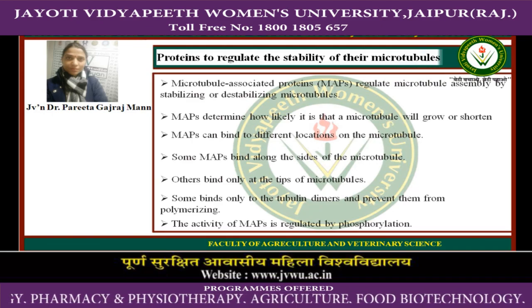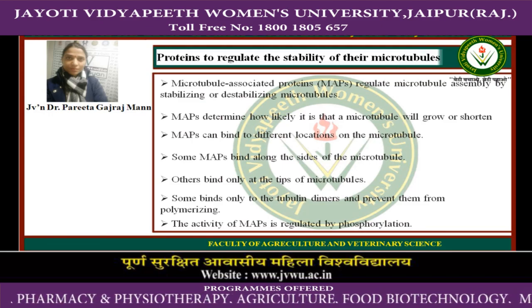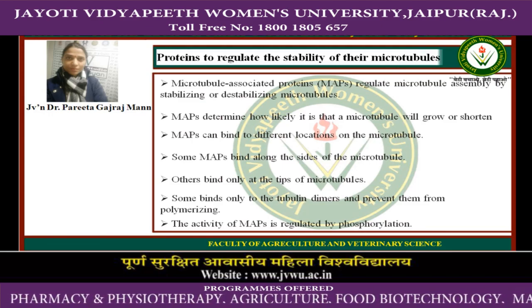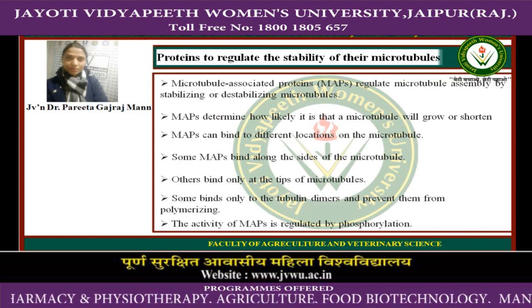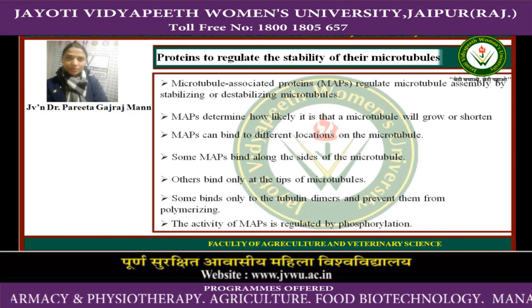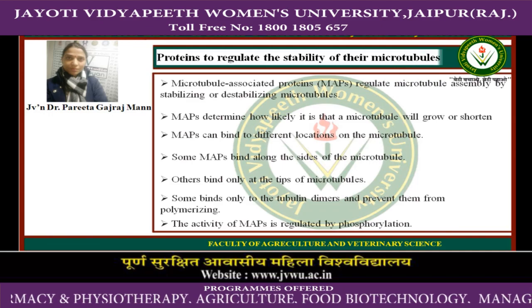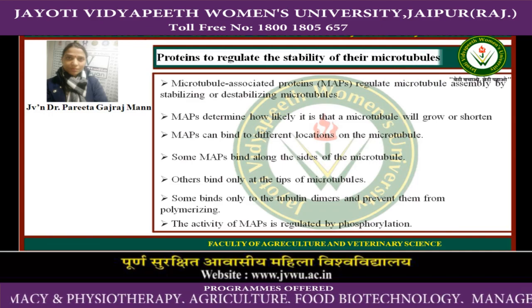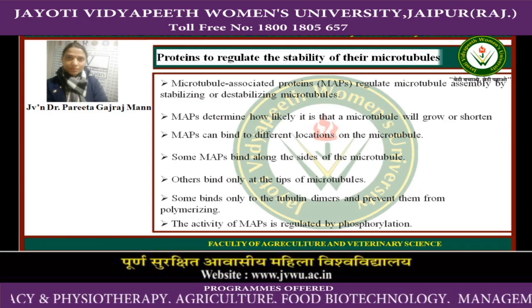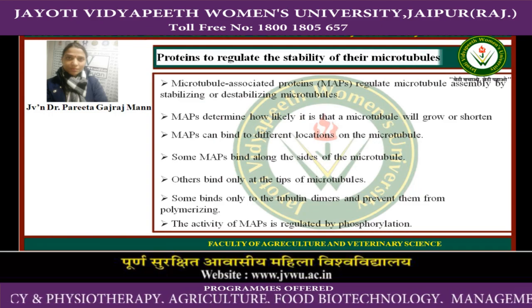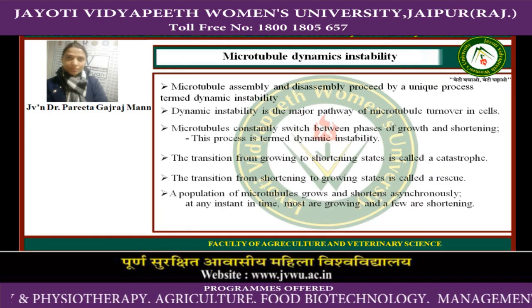Some MAPs also bind only to the tubulin dimer and prevent it from polymerizing, so some MAPs are involved in the inhibition of polymerization as well. The activity of MAPs is regulated by phosphorylation. When MAPs get phosphorylated, they are activated and involved in microtubule stabilization and destabilization.